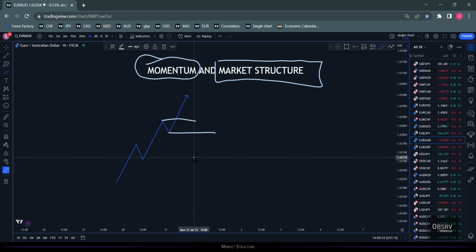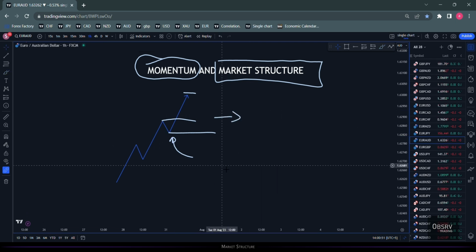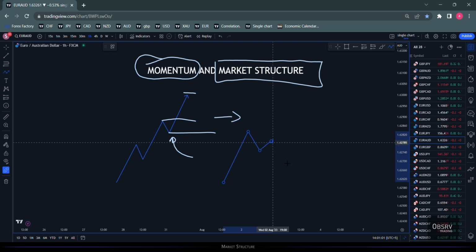This buyer that bought from down here went all the way up to there. As long as you're above this on your big time frame, that is 60 minutes, you are looking to buy. Then the pullback starts to come in, and on 15 minutes, let's draw it right next to it, the pullback starts to put in lower highs and lower lows. So the structure on the lower time frame is starting to change.